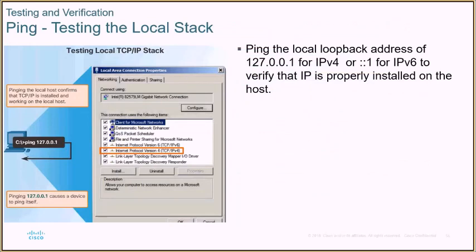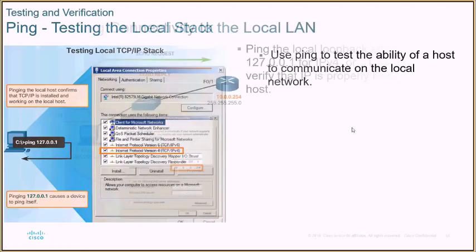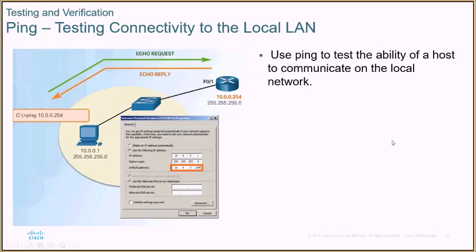Okay, so you can ping the loopback interface, and of course, that's 127.0.0.1 for IPv4, or it's ::1 in IPv6. It just checks that your software is all working properly. Of course, you can also ping other hosts, both on your local network and your remote network.